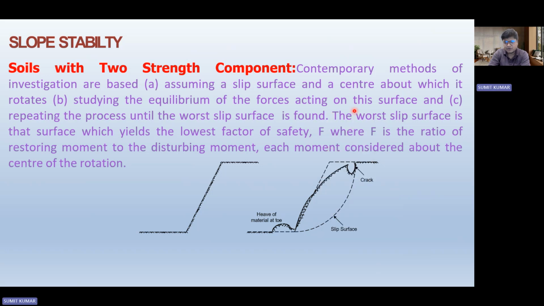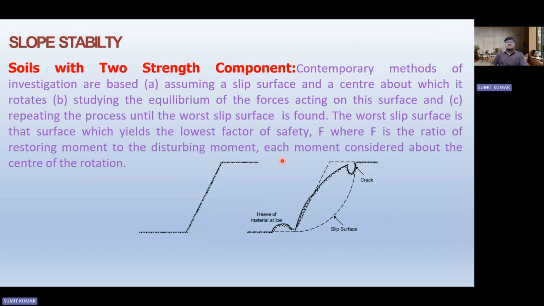So if you see over here, this is the slope, so this slope gets failed. If we draw a certain arc from this point and this point, which are equal in distance, it must have some center of a certain radius. In that way, we are able to identify the critical slip surface.